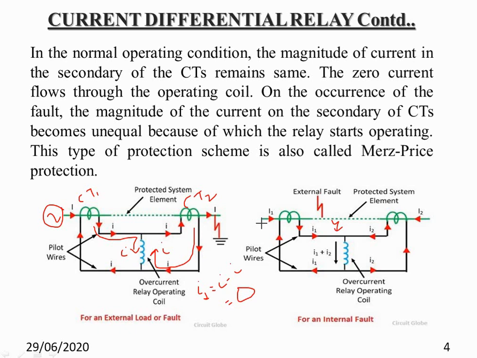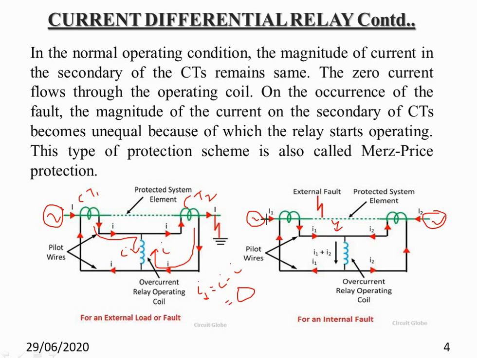We can assume the source is on the left-hand side, or from both ends. Here the example is given where the source is connected from both ends, on the left-hand side as well as the right-hand side. Now see, if a fault occurs within this protection zone, what will happen?